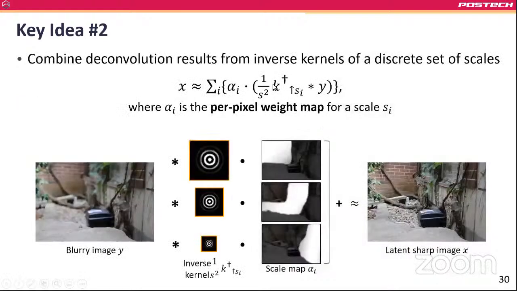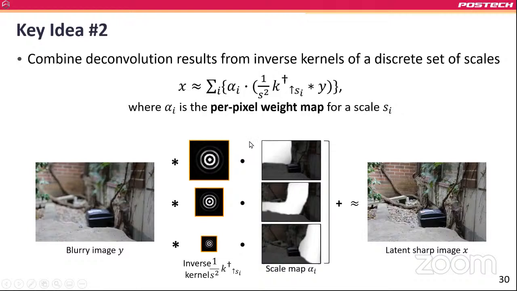That means that when we apply the inverse corner to deblur this image, we apply some discrete large, middle, and small scales of inverse corner to it. And then we can interpolate the results of this convolution. Here, for example, this part is a large defocus blur, and then we apply this. Let me make it clear. Here we apply these three scales of inverse corner, and we obtain three images.